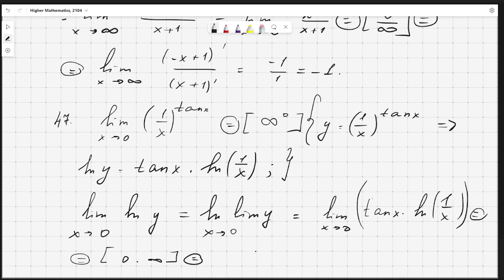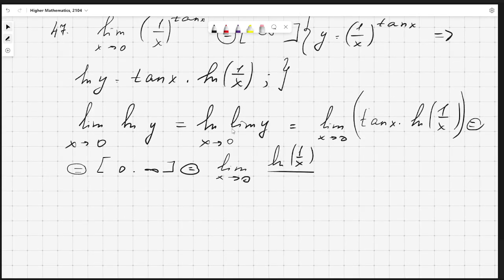Consider this, for example, as natural logarithm of 1 over x over cotangent of x, because tangent of x equals 1 over cotangent of x.